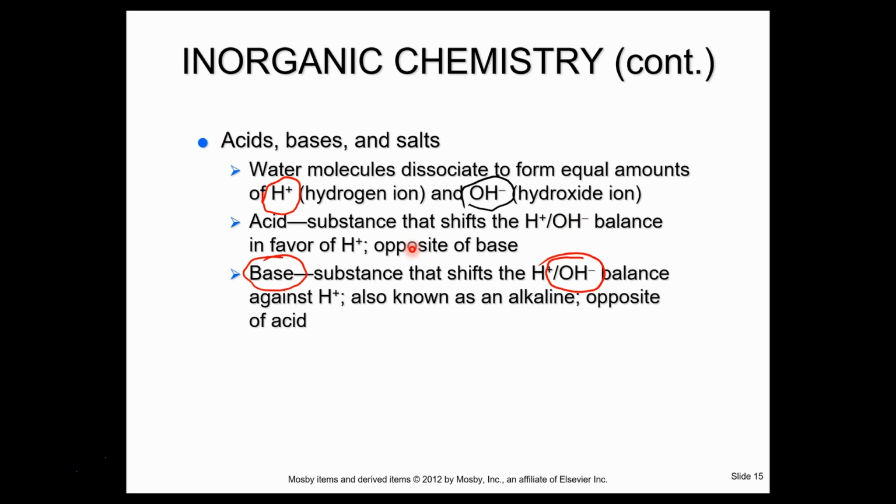So the number of the hydrogen ions will define the strength of the acid. The more of the dissociated hydrogen ions you have, the stronger the acid is.